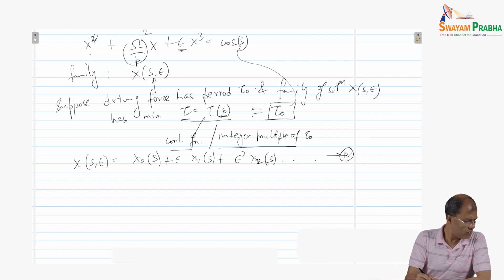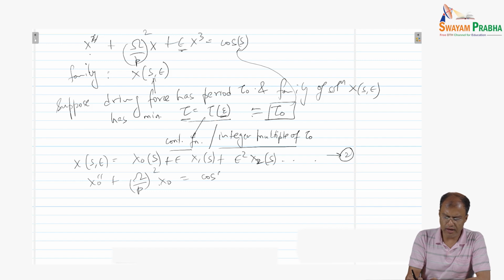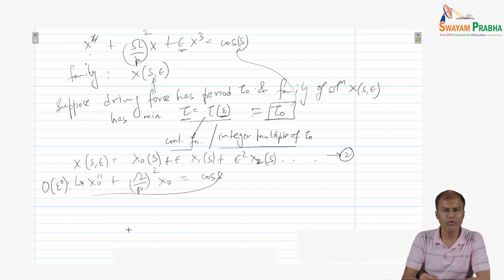And we see that x naught double prime plus omega square x naught is cos of s. This is the order epsilon to the power 0 solution, and we can quickly solve this.